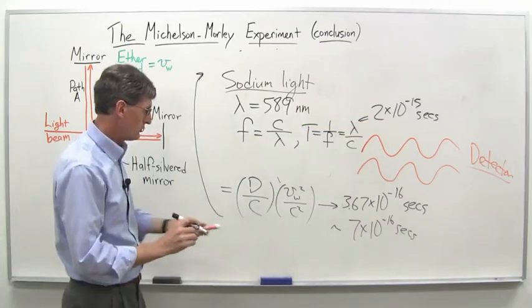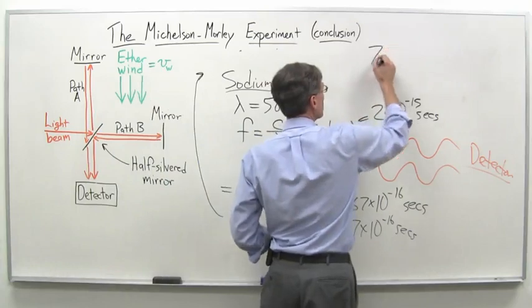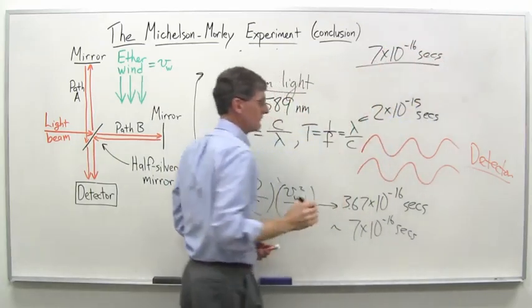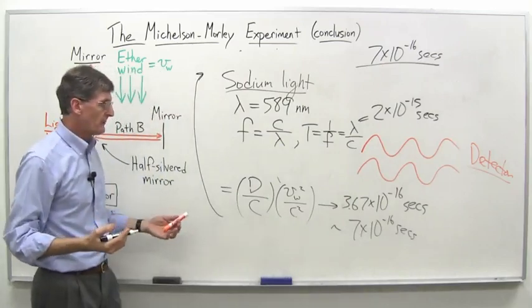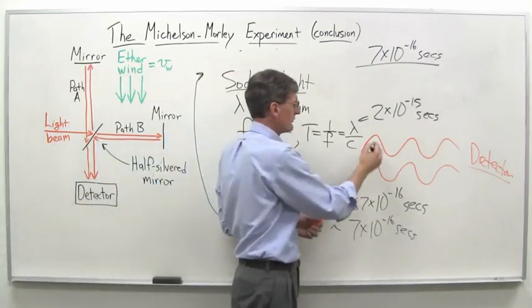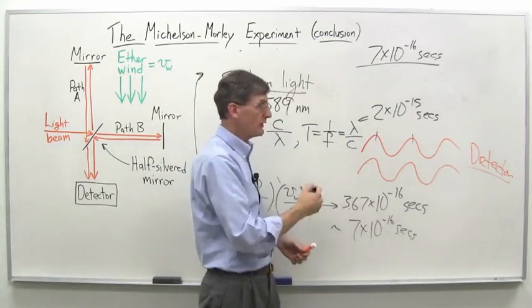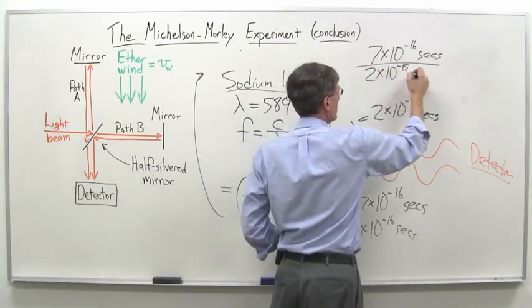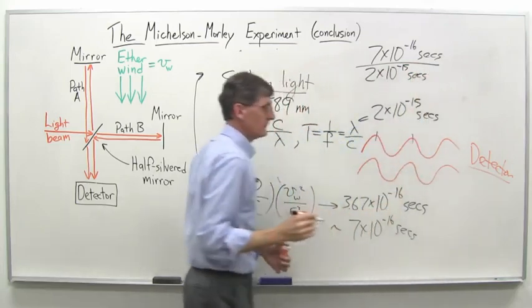In other words, I've got my time difference of 7 times 10 to the minus 16 seconds, very small, but in terms of one period, the time between two peaks, let's divide it by 2 times 10 to the minus 15 seconds.